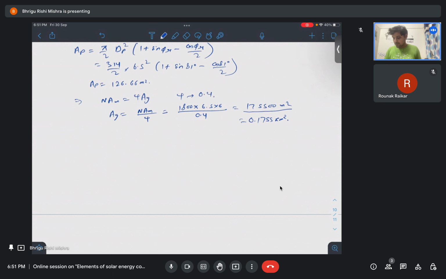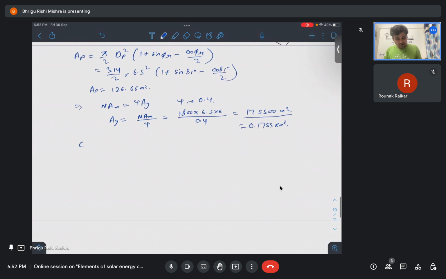Now the last one is to calculate the concentration ratio. Concentration ratio is nothing but the total area of collectors divided by the total area of absorber or receiver. The total area of collector is N into AM, and the total area of receiver is AP, which we have already calculated.